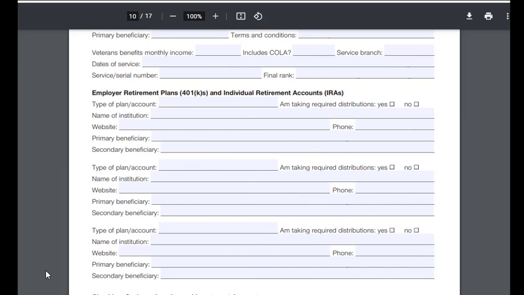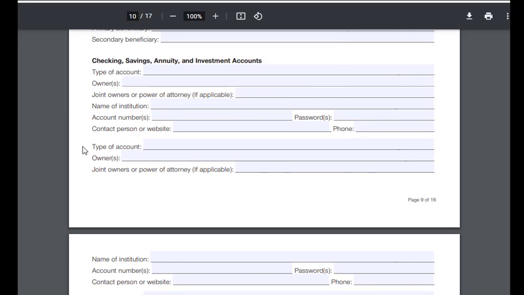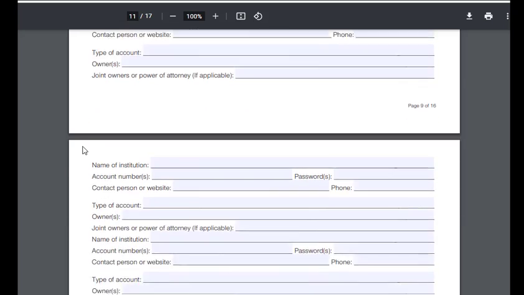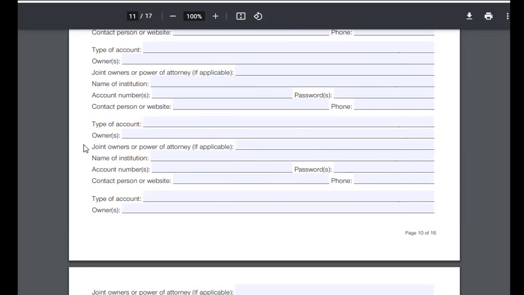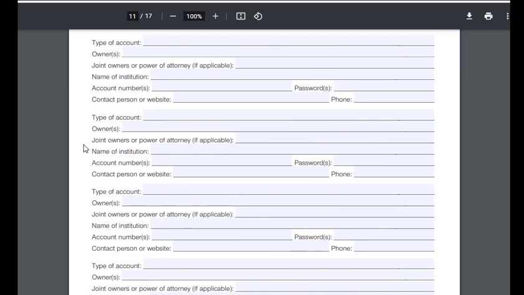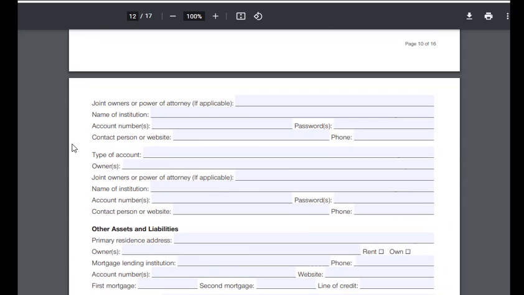So I would take up all 3 of these, or at least 2 of them for myself. And maybe my husband has a couple as well. So here's checking, savings, annuity, and an investment account. If it's not enough information and you need more spaces, you can go back and just print that one page again and stick it in there behind it. That way you know.